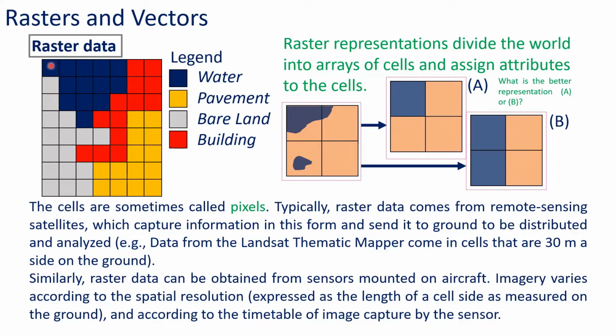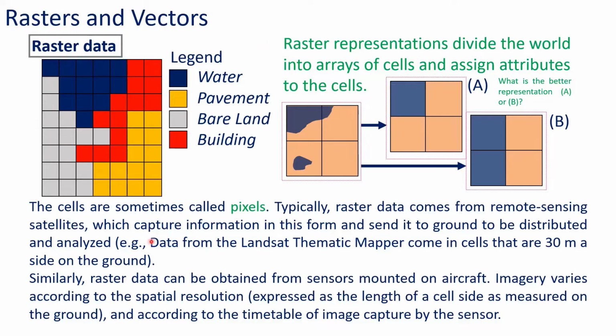So the blue color indicates water, the yellow color is pavement, and then you have the building, like in a video game, a jigsaw puzzle, or Lego. You can name anything that gives some context to what you want to remember. So in the case of a pixel, you have this value.